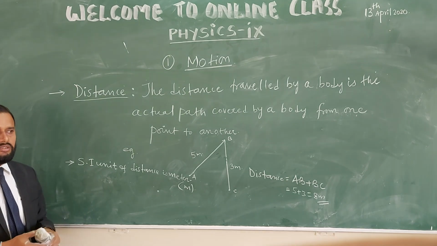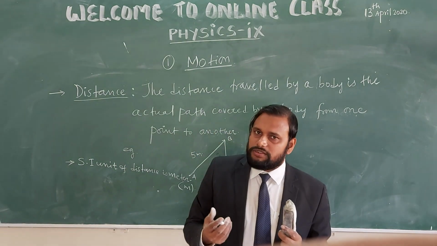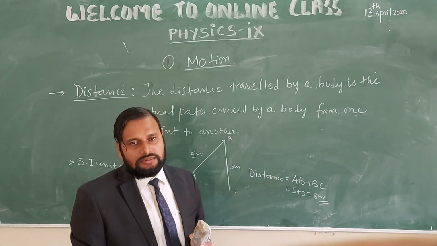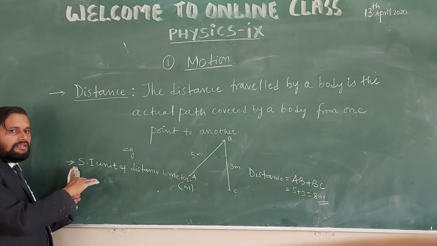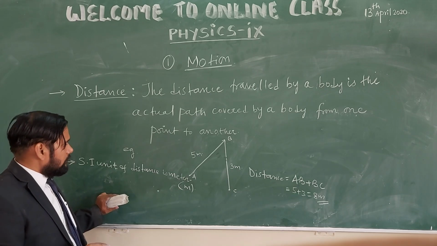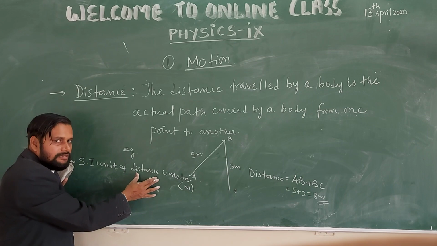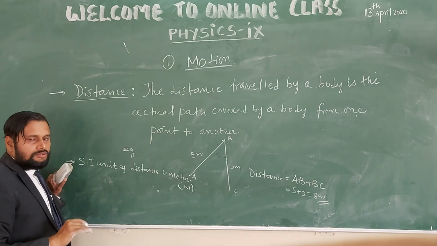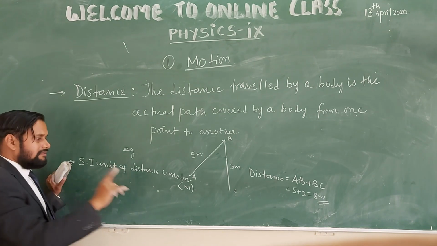That means we are going to write the units for every physical quantity, and every physical quantity has a unit which is standardly international. That means that is acceptable to the whole world. If you go to other countries and take the distance in meter, this will be acceptable. So the SI, the standard international unit of distance, is meter.